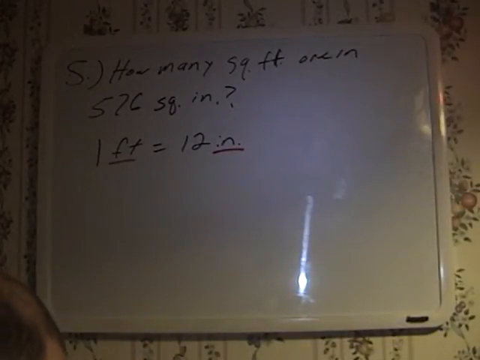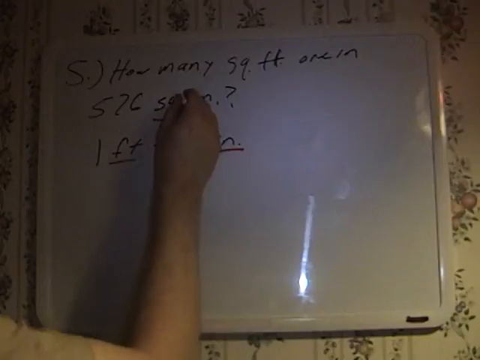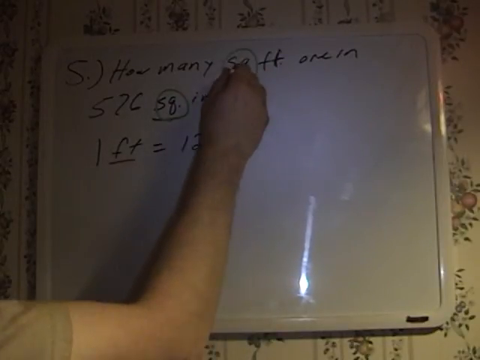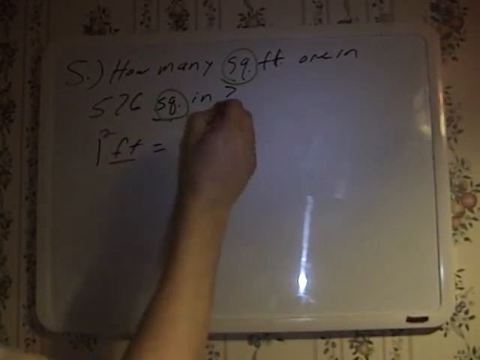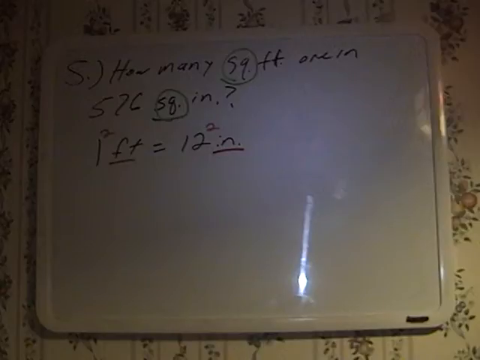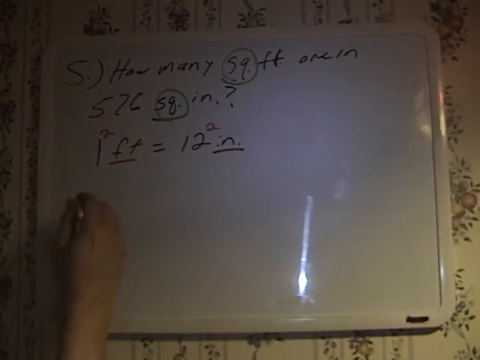We're talking about square inches and square feet. So you have to square these numbers. You have to put a little exponent on them to make them square inches and square feet. So if you square 1, it's 1.